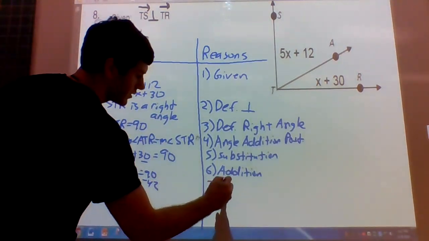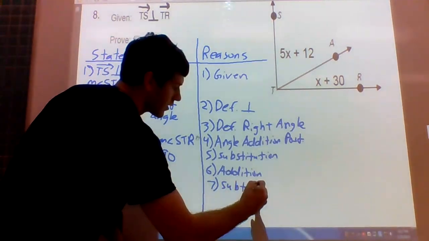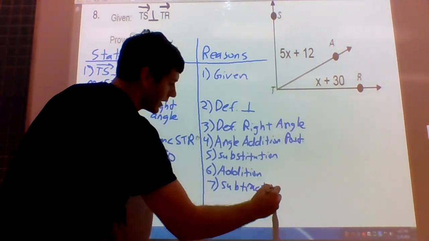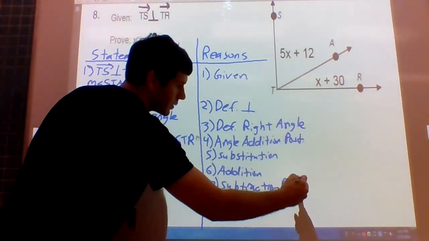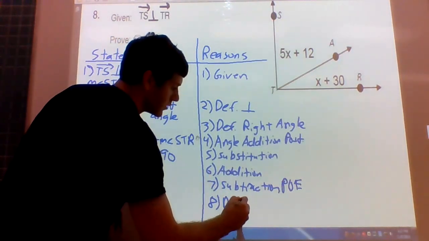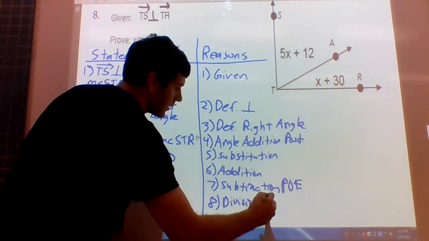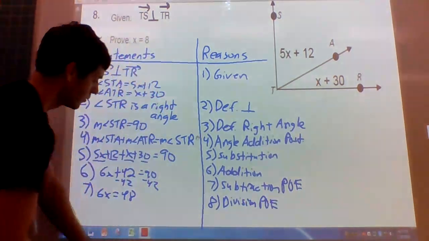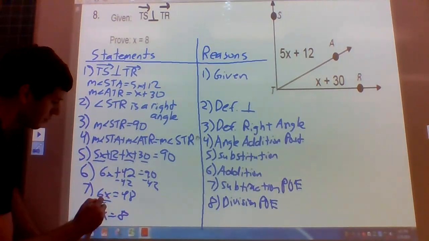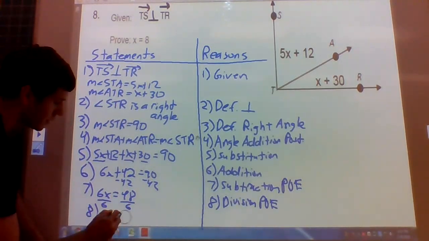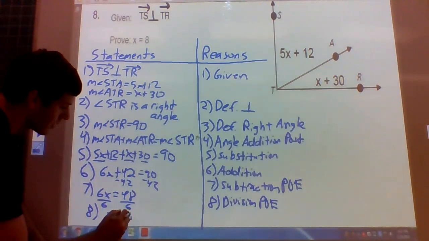So that's subtraction. Then we're going to divide by 6 on both sides. That's the division property of equality, because we're dividing both sides, and we're going to get x equals 8, right? Because we're dividing by 6.